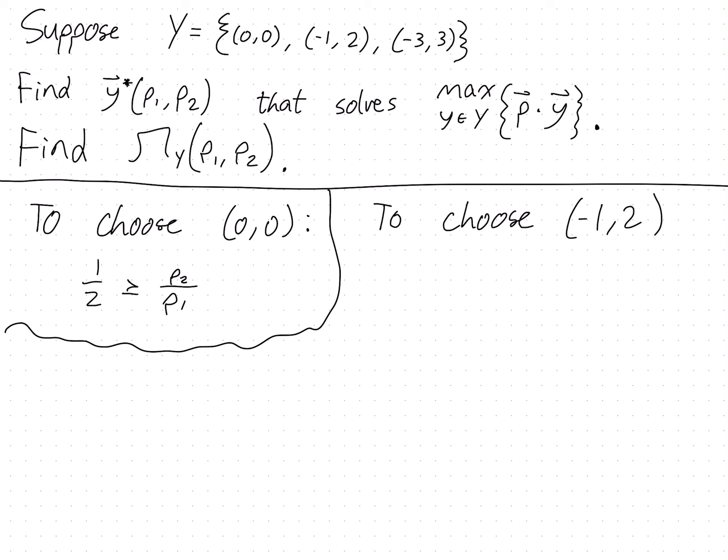And now we do the same process for the other two possible production options. And similarly, it has to be true that P dotted with negative 1, 2 has to be greater than or equal to P dotted with the other options.